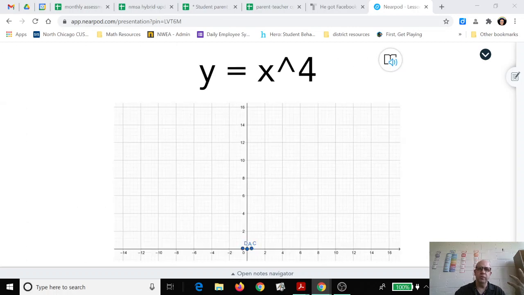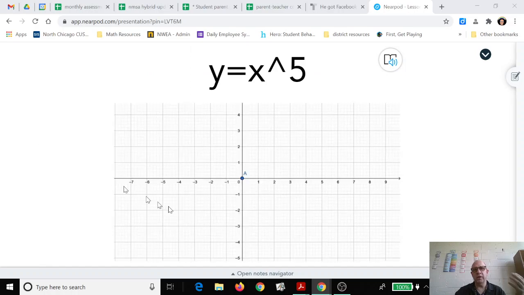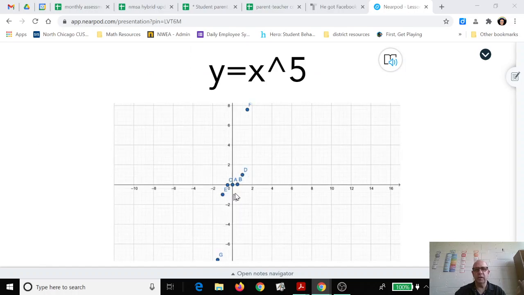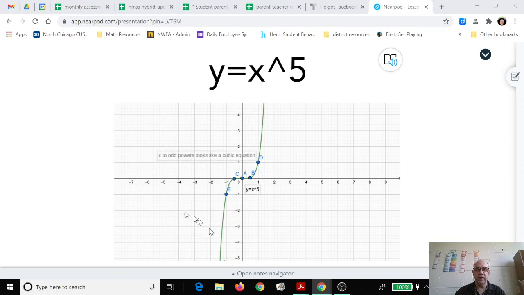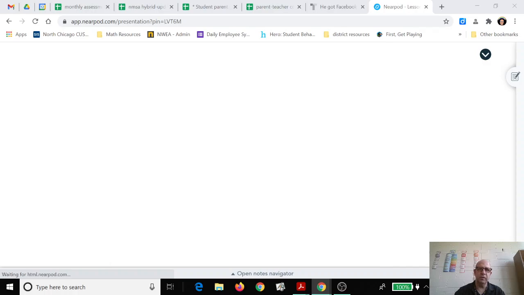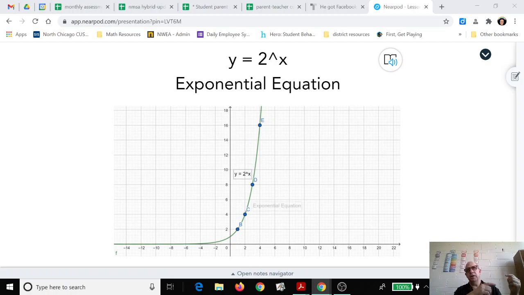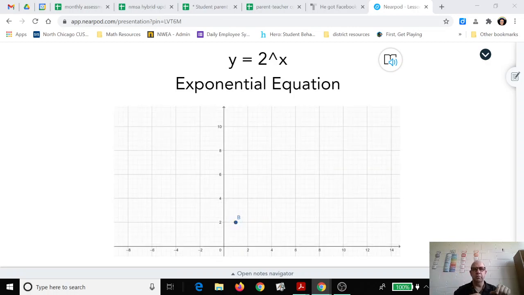Then there's y equals x to the 4, which is kind of like y equals x squared. And then y equals x to the 5th looks kind of like y equals x to the 3rd. So there's a pattern here. Every time the x is a power that's even, it's a parabola. Every time x is a power that's odd, it's that hump.